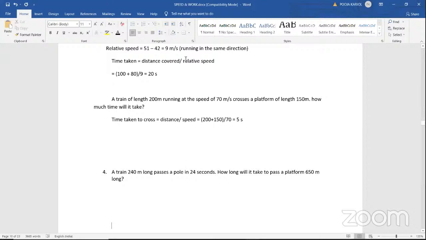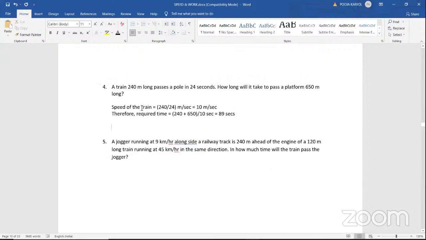89 seconds. Yes. Here, they've said that the train 240 meters long passes a pole in 24 seconds. They've not given the speed. How long will it take to pass a platform 650 meters long? So first find the speed of the train, which is distance by time.